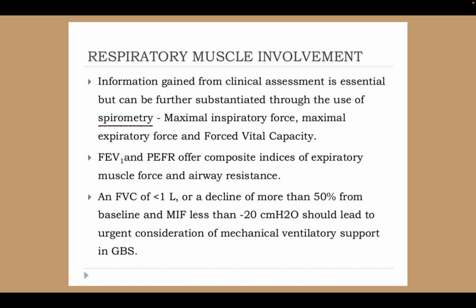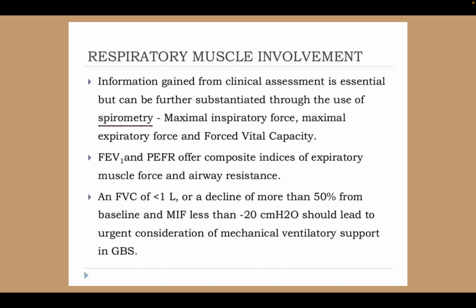The respiratory muscle involvement is very common, and the information gained from clinical assessment is essential, but it can further be corroborated by the use of spirometry, especially looking at the maximal inspiratory force, the maximal expiratory force, and the forced vital capacity, FEV1 and PEFR, which offer composite indices of expiratory muscle force and airway resistance.